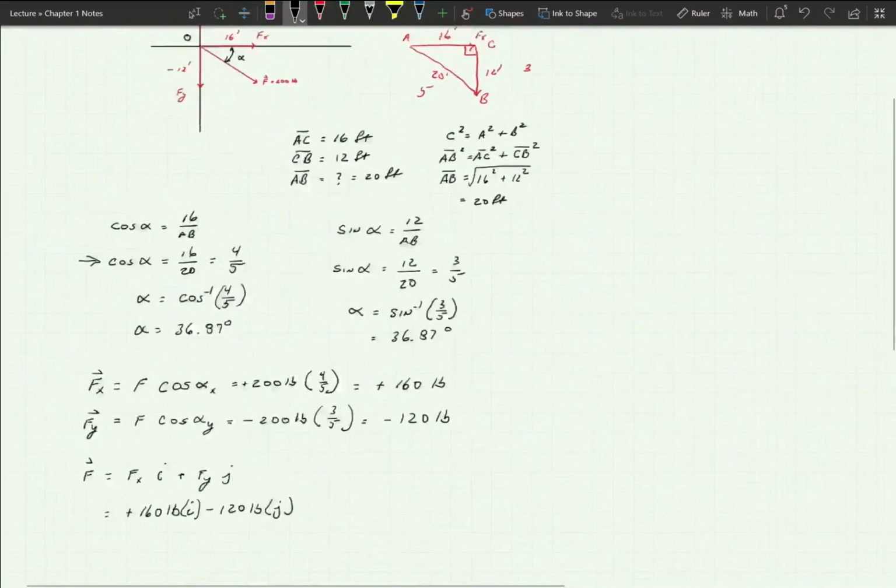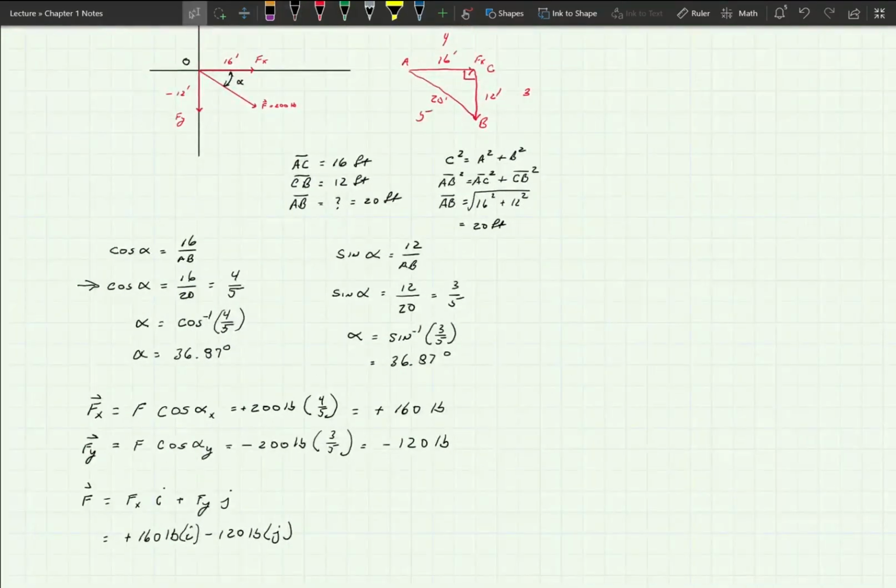But primarily we took this force f of x and f of y and the vector force of 200 with the unknown angle, and we're able to figure out what the components are of f of x and f of y, and then we can write the equation in terms of the vector. We found the angle and we found the force vector. It was given to us as 200, but the component vectors add up into that.